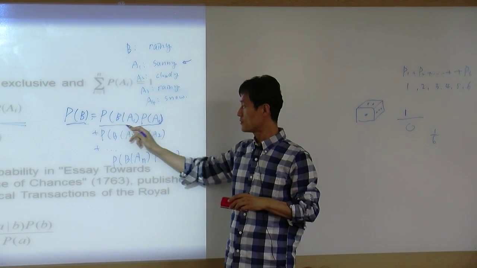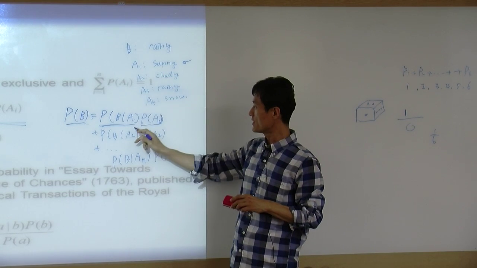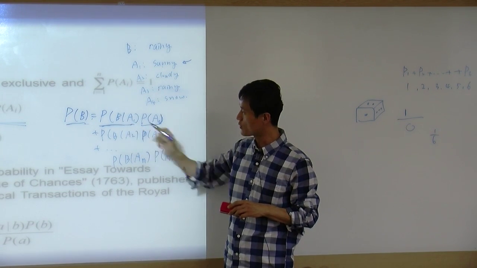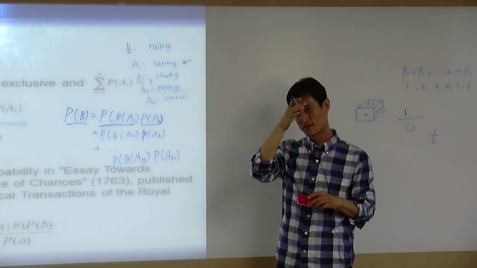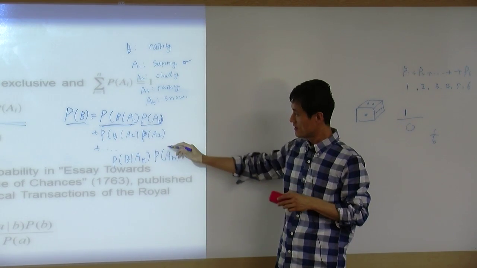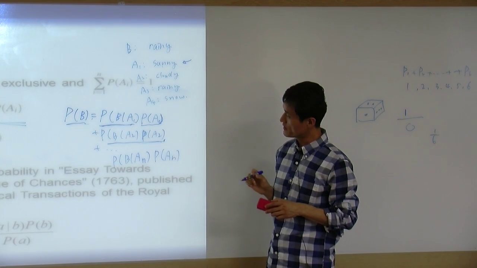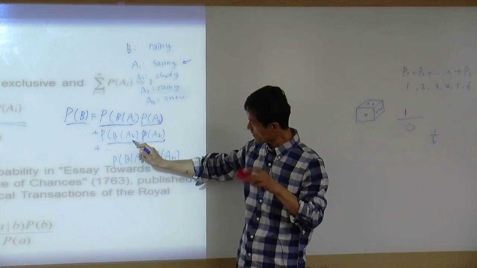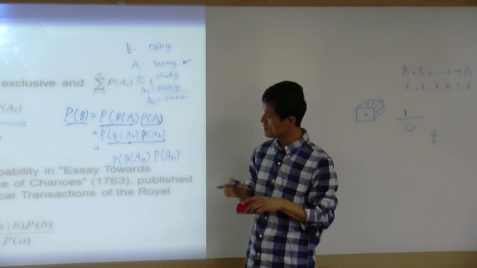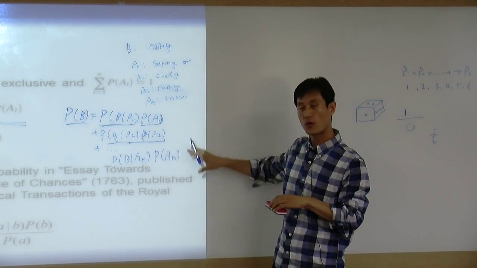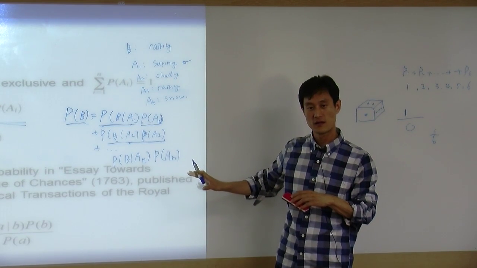And then this one means that when you have sunny, what is the probability that you have rainy the next day? And this is the case that you have cloudy for one day, and when you have cloudy one day, what is the probability that you have rainy the next day? So this is all the possible cases.